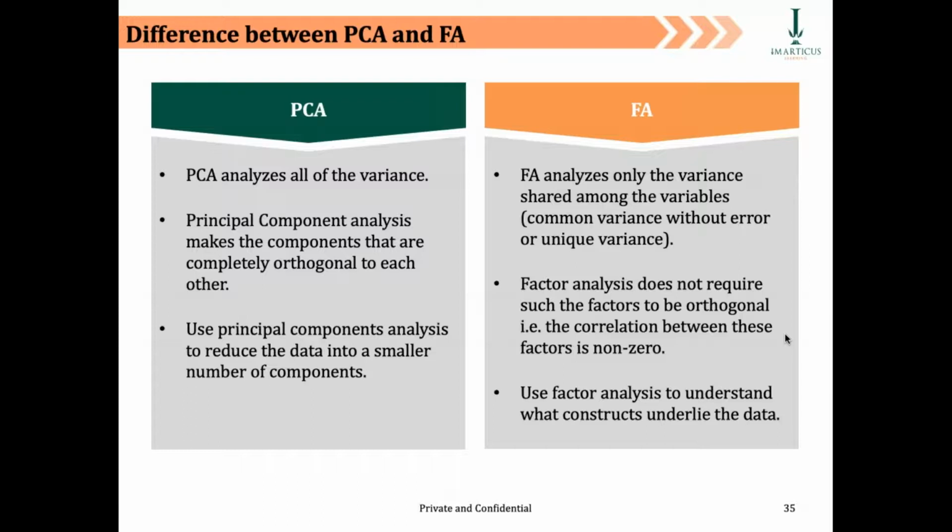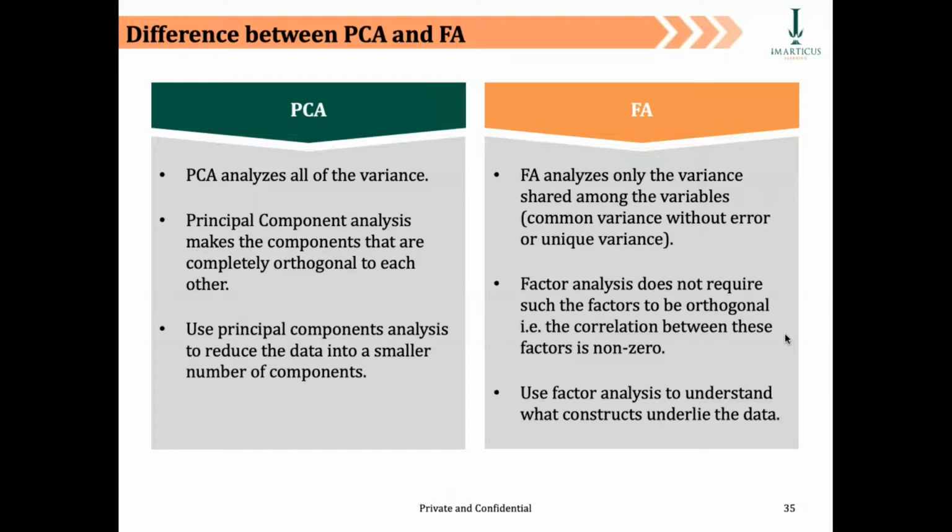And to use PCA, the components have to be completely orthogonal to each other. But in factor analysis orthogonality is not a must requirement, because there are other ways of doing factor analysis, such as maximum likelihood and other methods. Then PCA reduces the data into a smaller number of components, creating PC factors 1, 2, 3 or 1, 2, or 1 to 5.